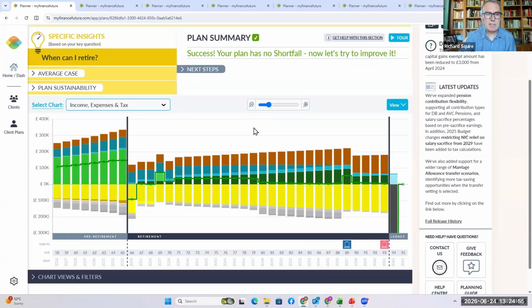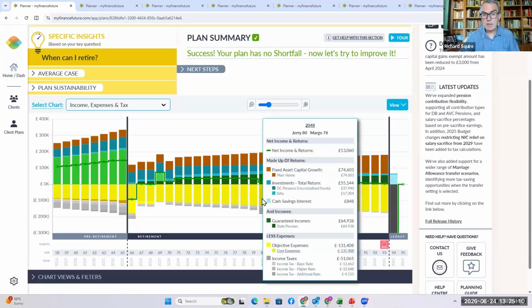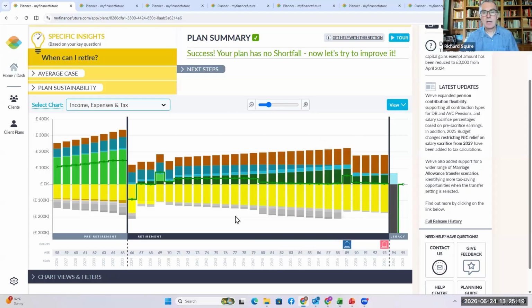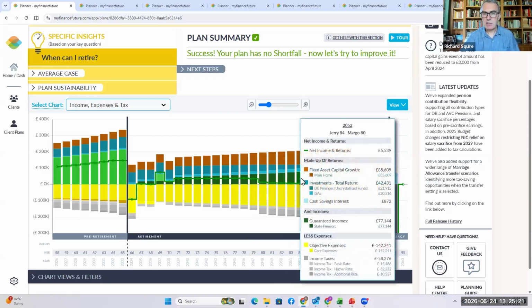So just to summarize that, this is the income expenses and tax chart. This chart allows you to see all of the incomes you've got, whether those are investment incomes or salary incomes, and all the expenses, including core expenses. You'll see those in yellow, and in the grey at the bottom, you've got the tax. Above the line is incomes. Dark green is guaranteed incomes, which is essentially state pension.